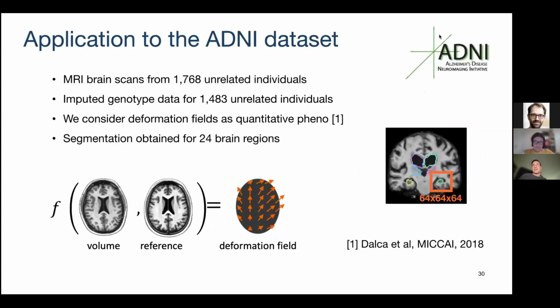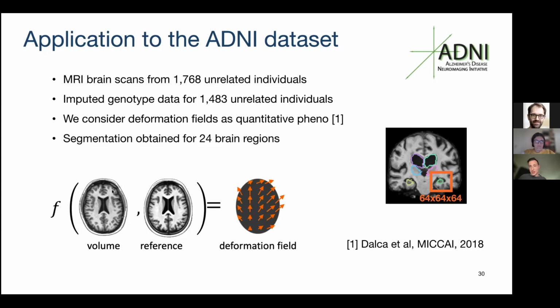We applied this framework to 1,800 brain MRI scans, for a subset of 1,500 individuals of which we also have imputed genotype data. We consider the deformation field as the phenotype of interest for this application. One way to understand the deformation field is as the vector field that describes the transformation one has to apply to the reference in order to obtain the sample.